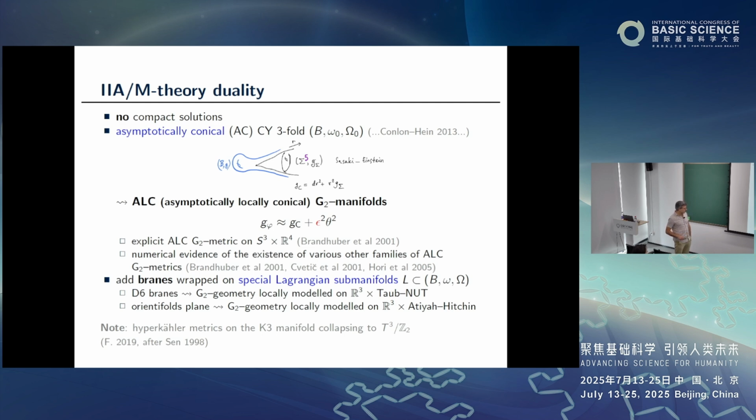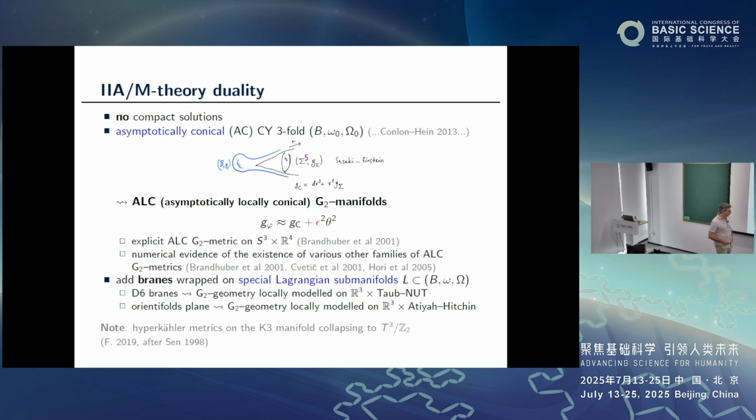As a lower dimensional story, a few years ago I gave a rigorous construction of hyperkähler metrics on the K3 manifold close to a limit where they become three-dimensional, T3 times Z2. Basically the construction is what Jacob was outlining.